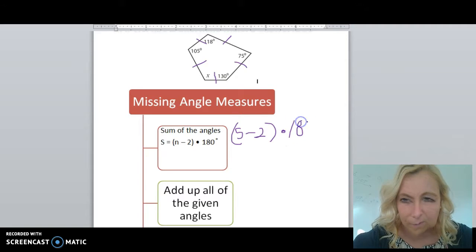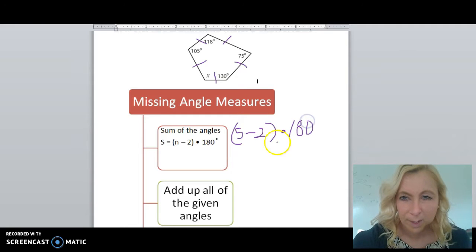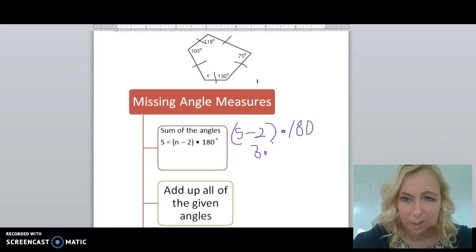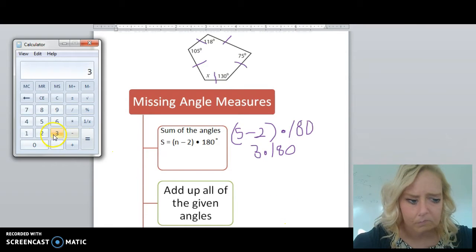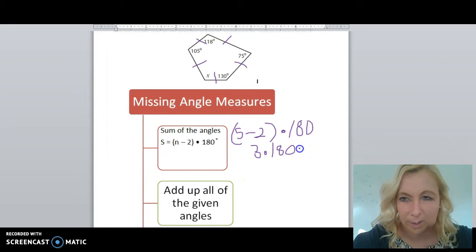Again, I got 5 from the number of sides. 5 minus 2 is 3. 3 times 180 equals 540. So I know the total of all these angles has to equal 540.